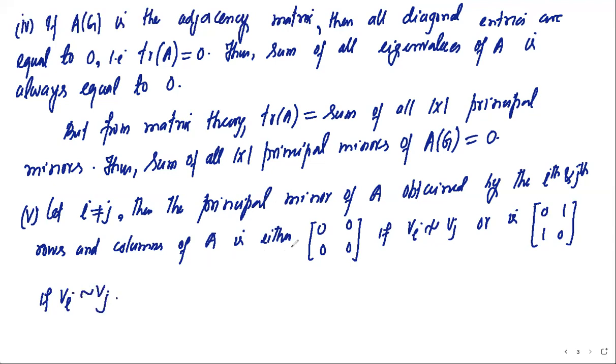So we have 2 cases. There are 2 different kinds of principal minors when we choose the ith and the jth vertex. The principal minor obtained by choosing the vertex Vi and the vertex Vj, that means the ith row and the jth row, and similarly the ith column and the jth column, will be a 2 cross 2 submatrix of A of G. Its shape is either all elements equal to 0 if Vi and Vj are not adjacent, or otherwise, if Vi and Vj are adjacent, it is 0, 1, 1, 0.